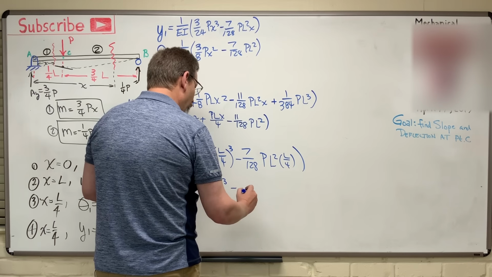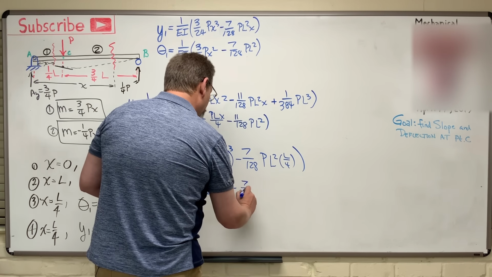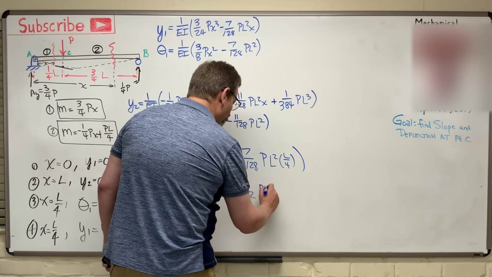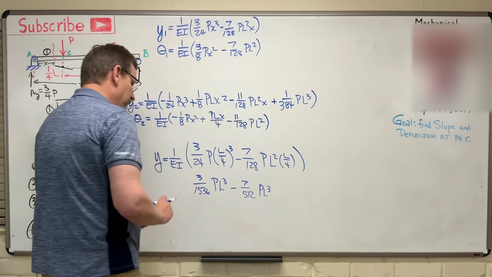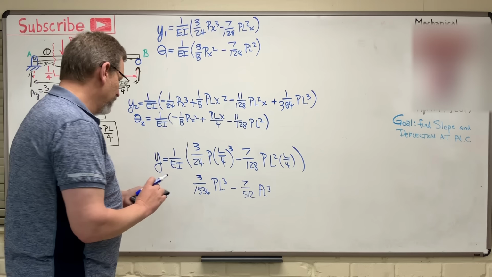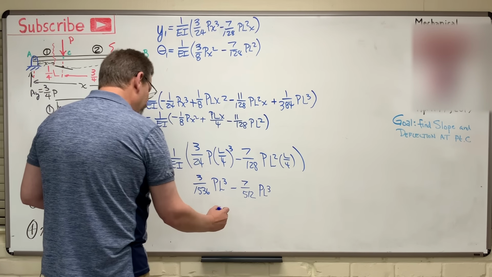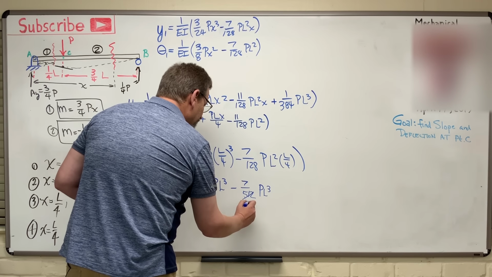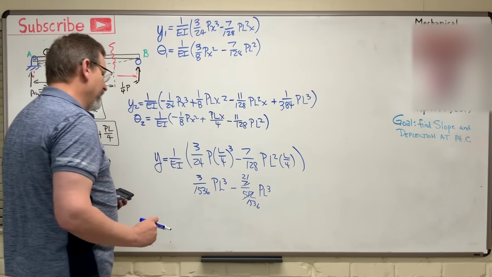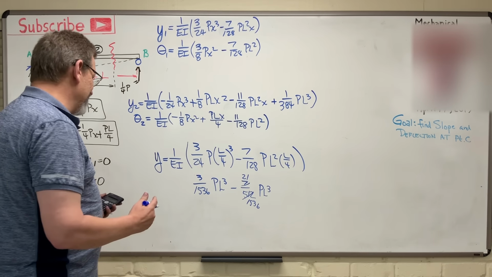It's 512. So 7 over 512 PL cubed, right? Oh, it goes in there, doesn't it? That will go into that 3 times, right? 3 times 1536. 3 times 7 is 21. And 3 minus 21 is minus 18, right?